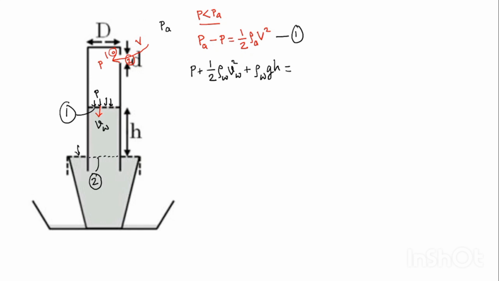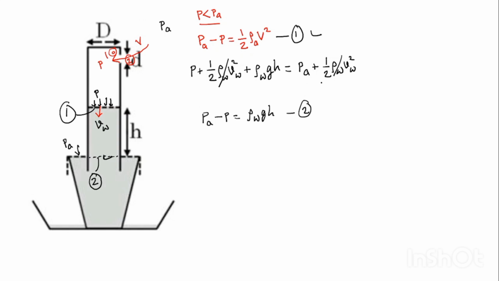The pressure is the same as the outer layer, because we know that at the same vertical level pressure remains the same. So here the pressure is atmospheric. So let us write PA plus half rho W VW square, the velocity being the same in the whole column. Now you see these two terms cancel out, and we get PA minus P is equal to rho W GH. This is the second equation.